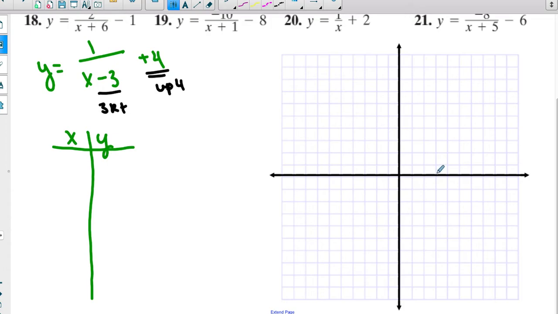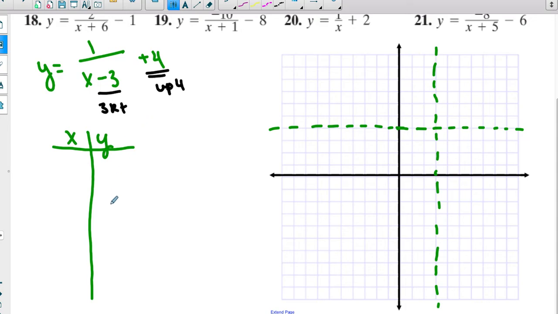So then my vertical asymptote is going through this line here, right? And then it says up 4, so 1, 2, 3, 4. So when we're graphing this, it should be somewhere around this neighborhood.